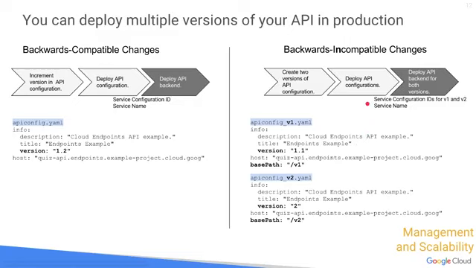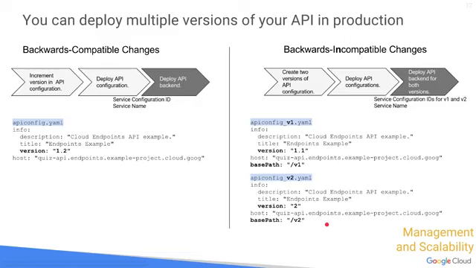Update the API backend configuration of each version with a corresponding service configuration ID. In the example shown, we have different API configurations for version 1 of the API and version 2 of the API. You can also delete versions of your API when they are no longer in use.